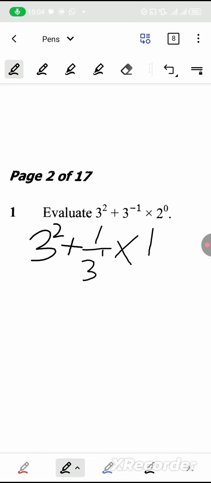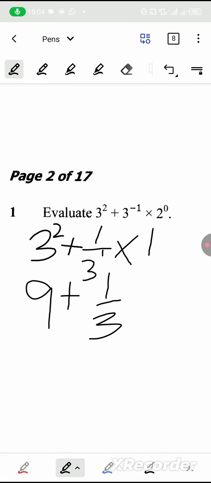Then we come to this side, where we have 3 power 2, which gives us 9. Then plus 1 over 3 times 1, which is 1 over 3. This is our new expression.